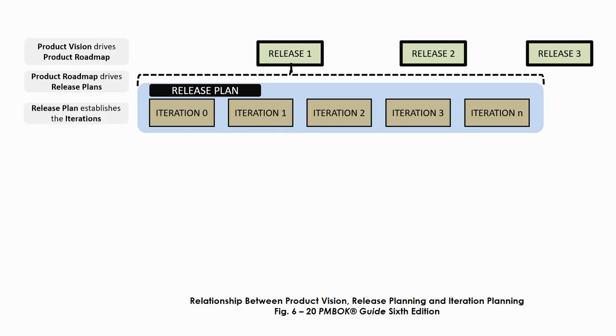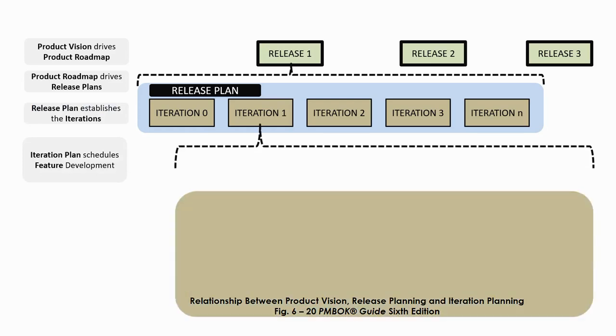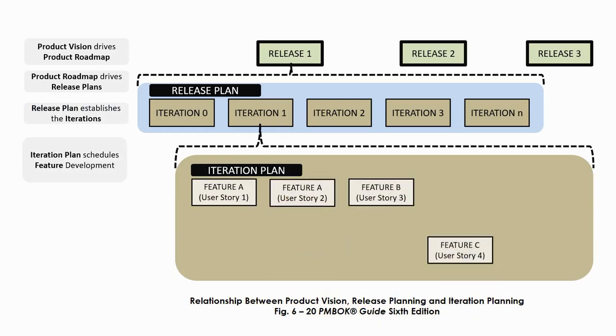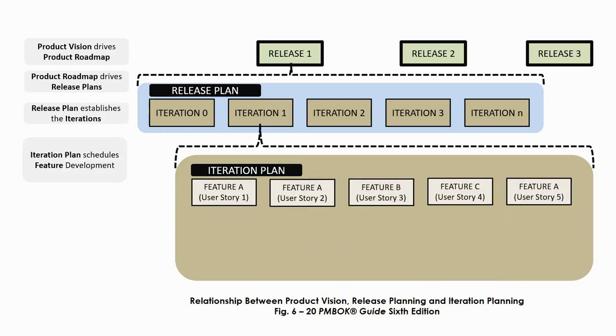But you don't stop there. You decompose this to further understand. Under the iterations, you've got features. So under iteration 1, for example, we've got this plan of the features that are going to be in the iteration. And what are the features? Well, when you think about the features, think about user stories, user-centered descriptions of functionality that is needed. So you've got these user stories that tell a story of what the user wants to do.